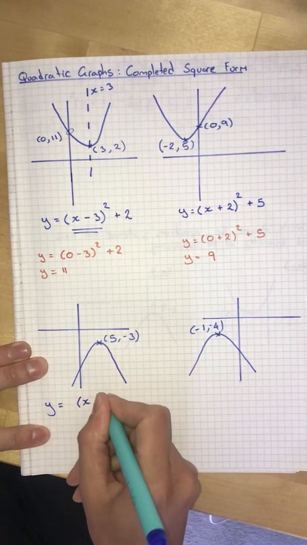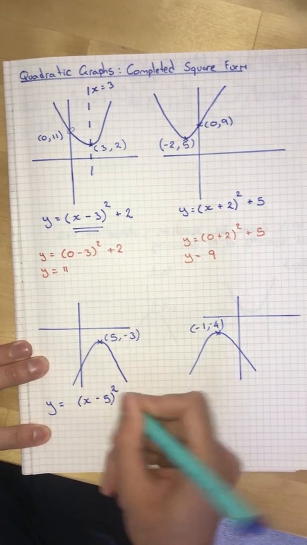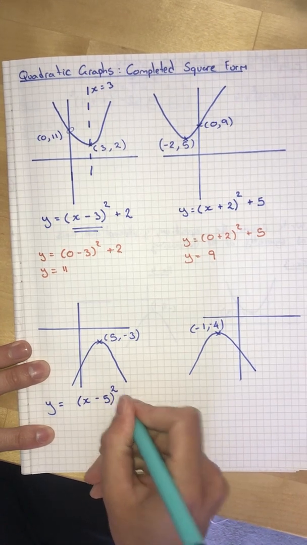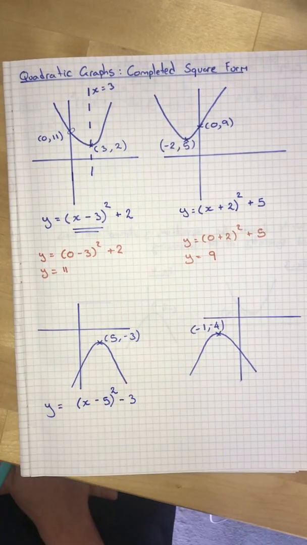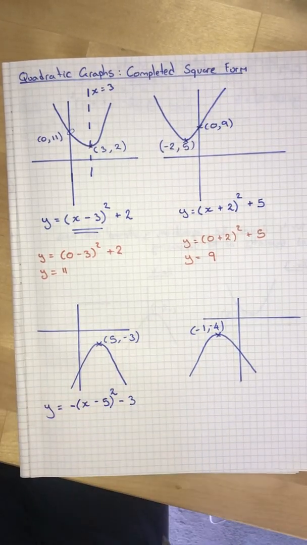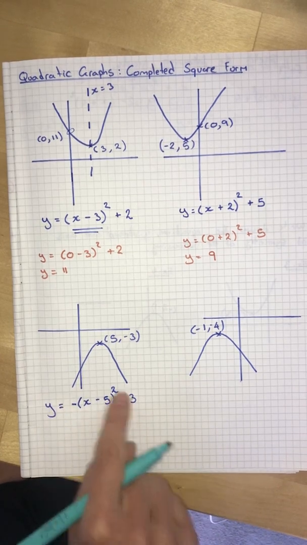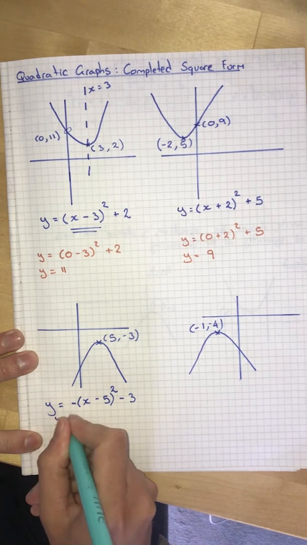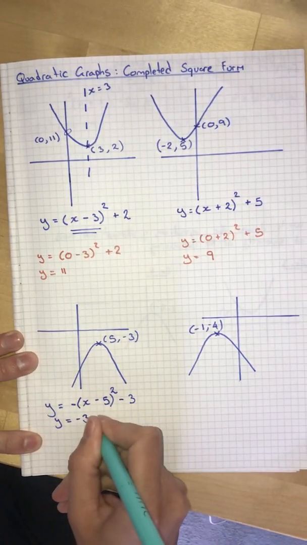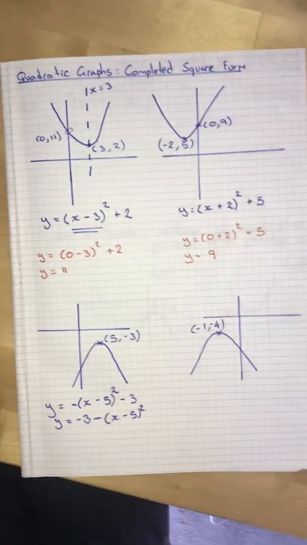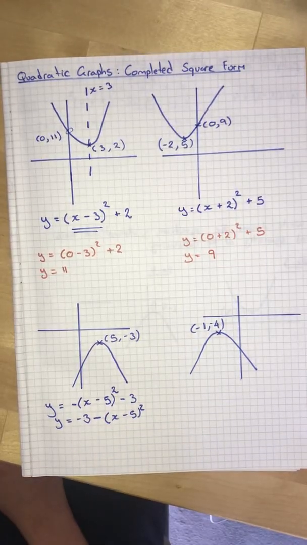X minus 5 all squared. Y coordinate -3. Now I've not dealt with the fact that it's negative, so all we need to do is minus there. And the negative goes outside the bracket. Okay. A more common way of seeing that, however, is -3 minus x minus 5 squared. So you could see it either way, but that means the same as that.